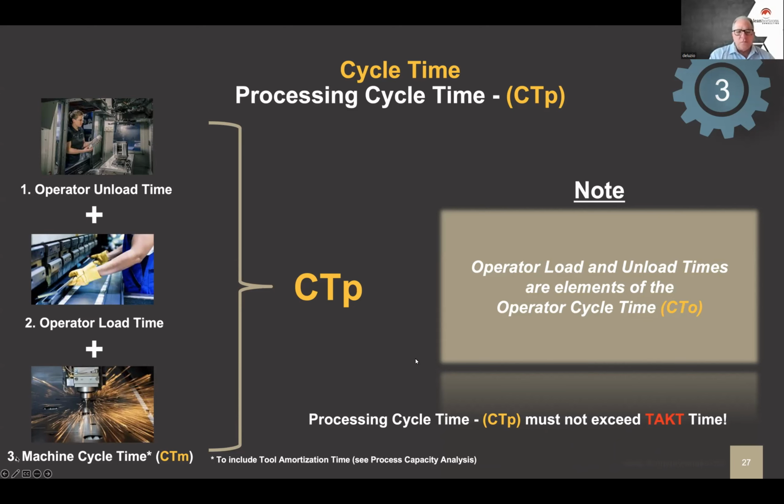Now, this particular example suggests that the machine does have to stop for you to load and unload it. All right. But sometimes it's not the case because you've got different variations of equipment and how they're loaded, how they're unloaded, and things like that.